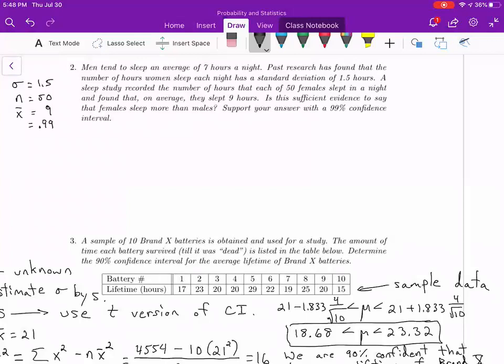That's saying, hey, here's some big picture information. So that 1.5 came in the sentence about past research. So that is your population standard deviation.